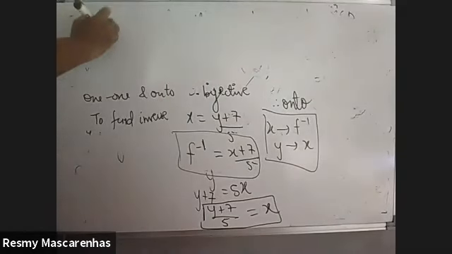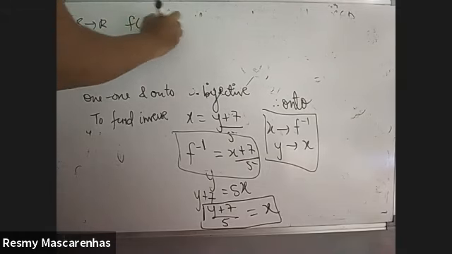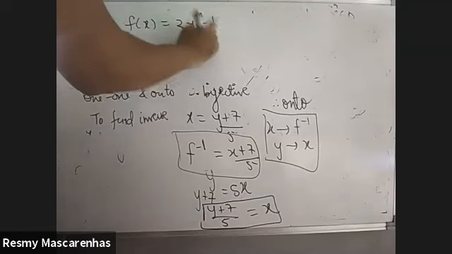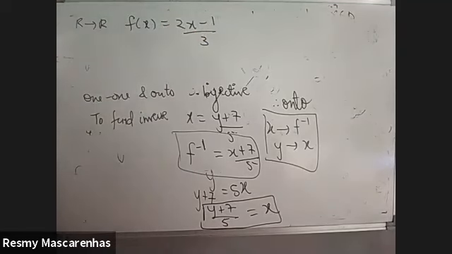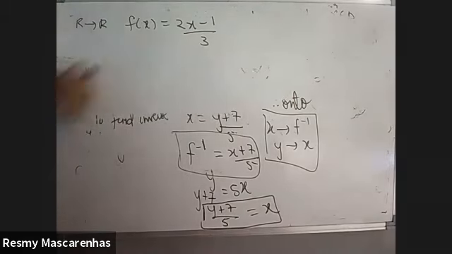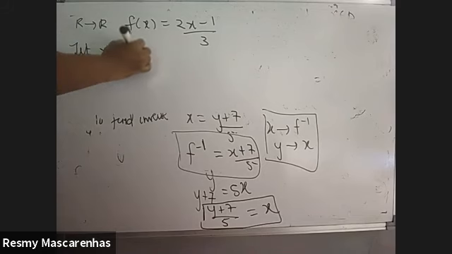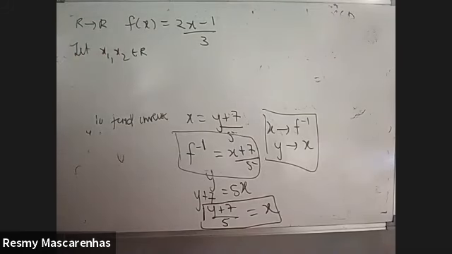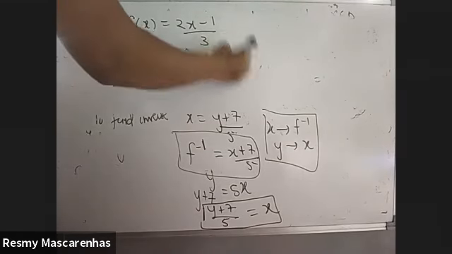Second is R to R, 2x minus 1 upon 3. Okay, so let x1 comma x2 belong to R, because this is R. In the main question they have given R to R. That's why I've taken this as R to R. Then f of x1 is equal to f of x2.